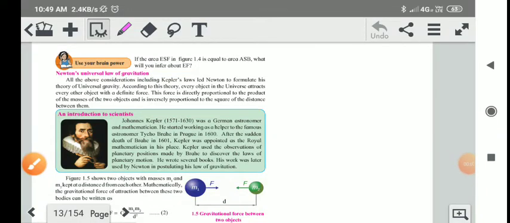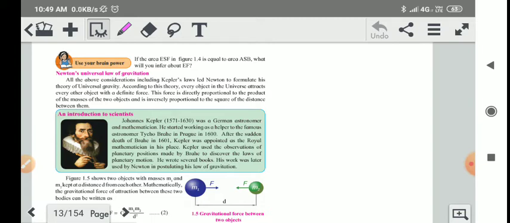Hello students, we are studying 10th science first chapter gravitation. In the previous lecture we studied Kepler's three laws, also the concept of gravitation and centripetal force. Today this is lecture number 2.